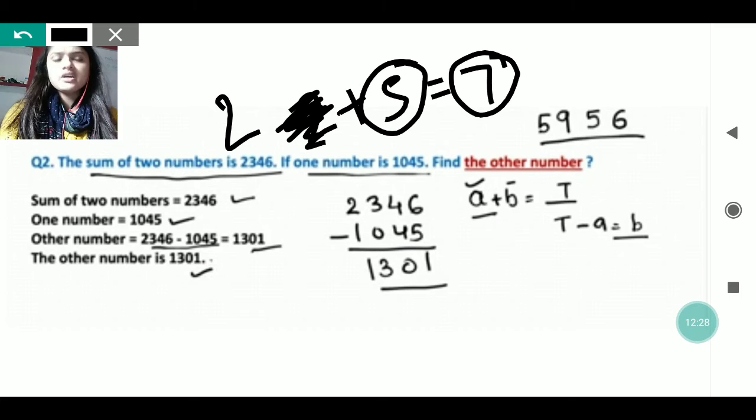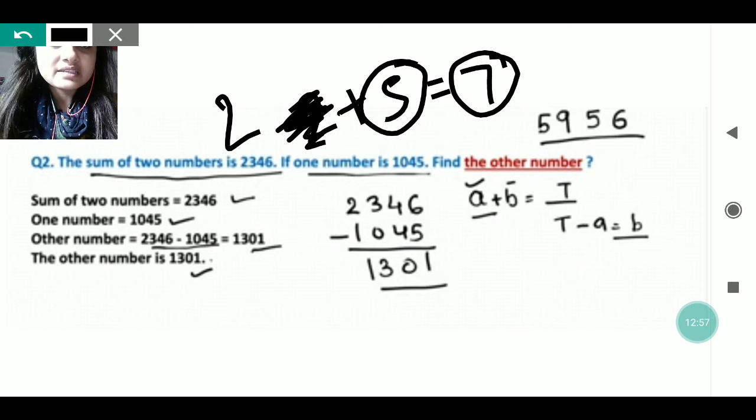Same kind of question it is, only the number of digits are bigger than the number of digits which I have taken. The sum of two numbers is 2346. If one of the numbers is 1045, find the other number. So you will write sum of two numbers is 2346 and one of the numbers is 1045.